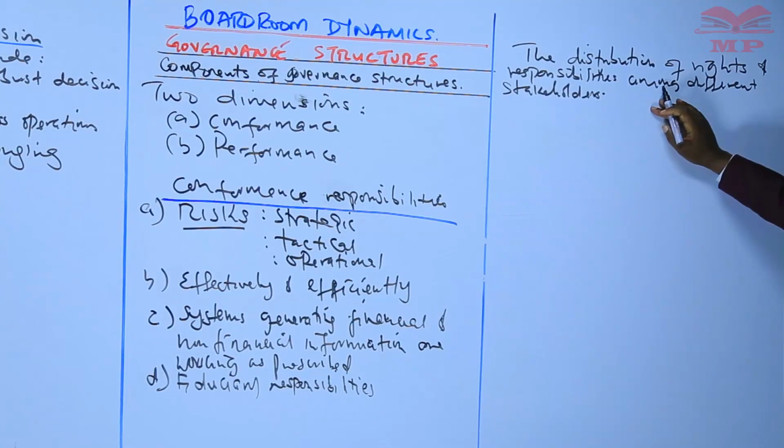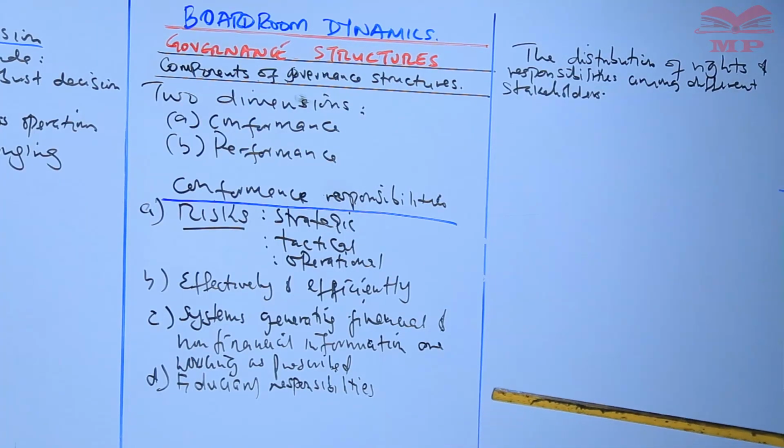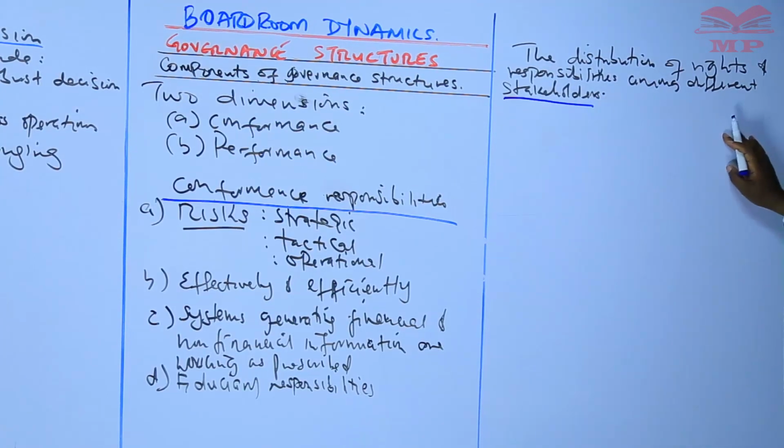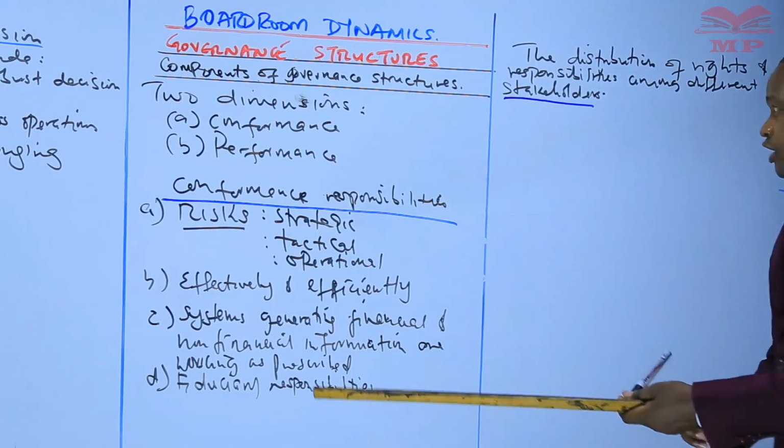Candidates, we defined a governance structure as a framework that specifies the distribution of rights and responsibilities among different stakeholders. So we want to get into the details of the rights and responsibilities among the different stakeholders, beginning with the shareholders.